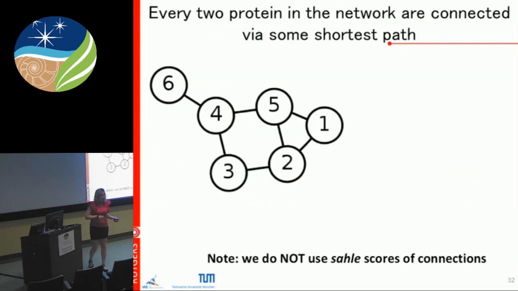So the other thing that we wanted to check, which was actually a failed attempt by me at an earlier time, so it took me a year to figure this out, is that you can compute the distance between any two proteins using the edges. So this is the shortest path between 1 and 2, but really you could have another path and another path and so on and so forth.